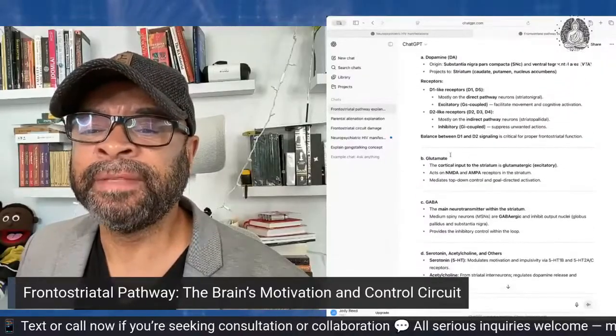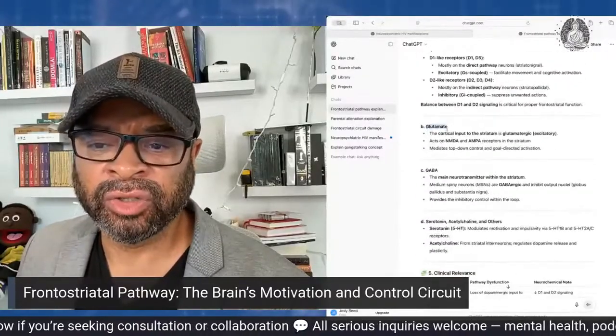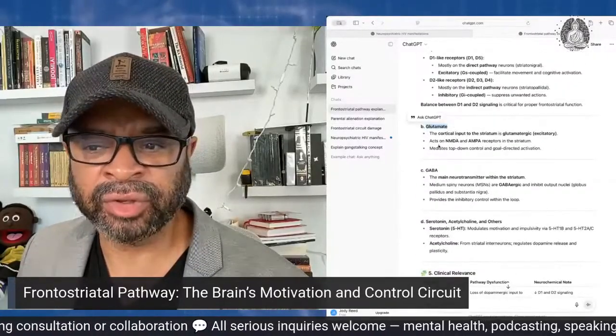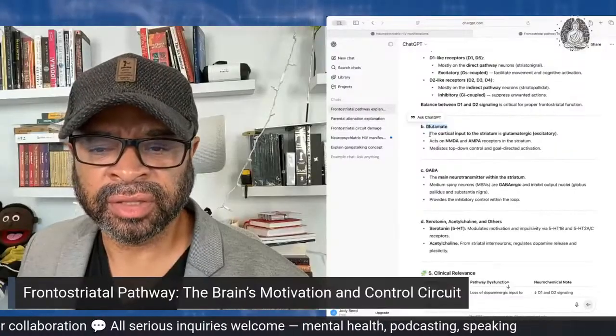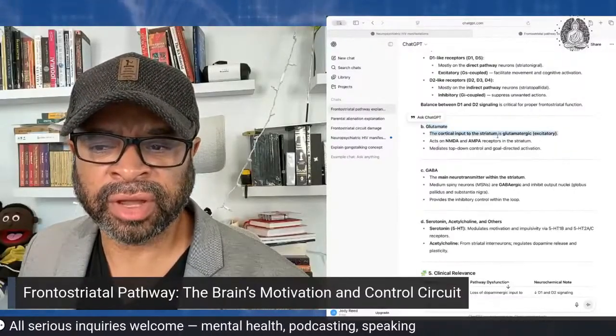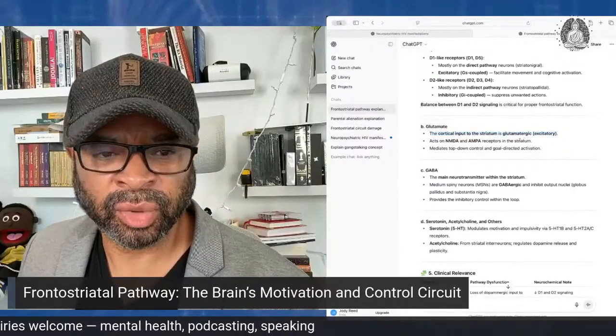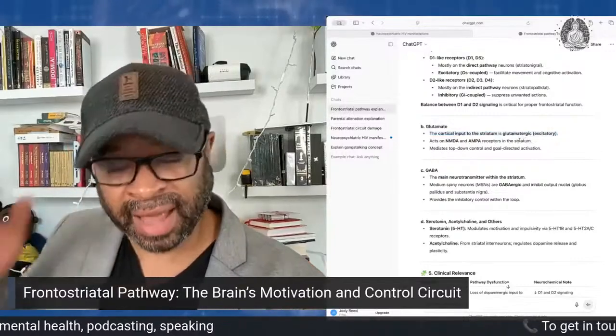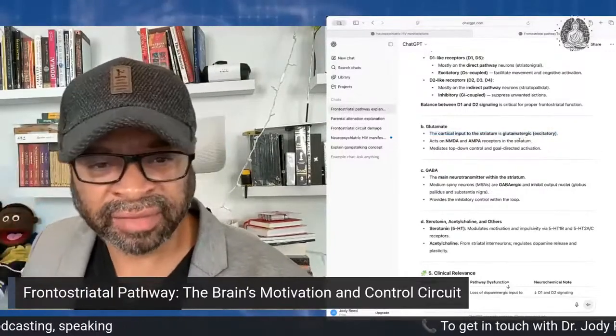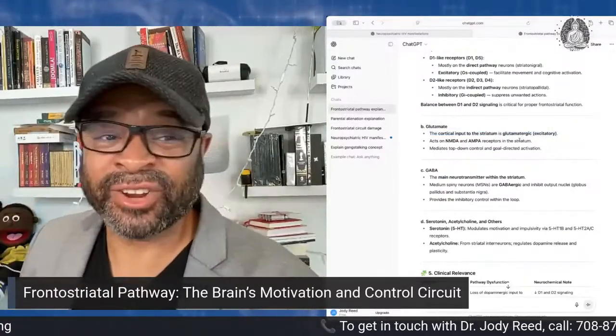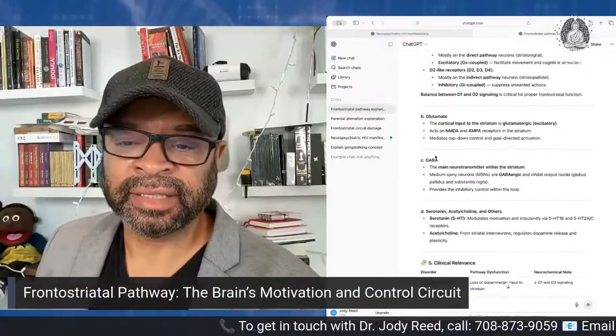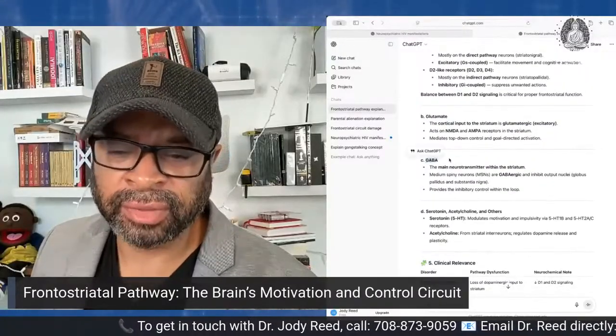Okay, and then of course glutamate is the main excitatory neurotransmitter, and so the cortical inputs to the striatum are glutaminergic, and when it activates those pathways, it's going to activate glutamate because you need to get things turned up, right? Next, the other major neurotransmitter that turns everything off is GABA.